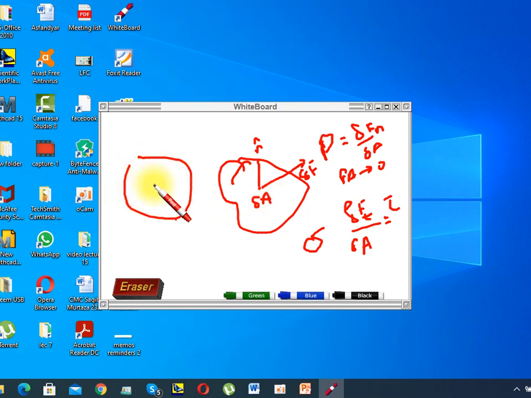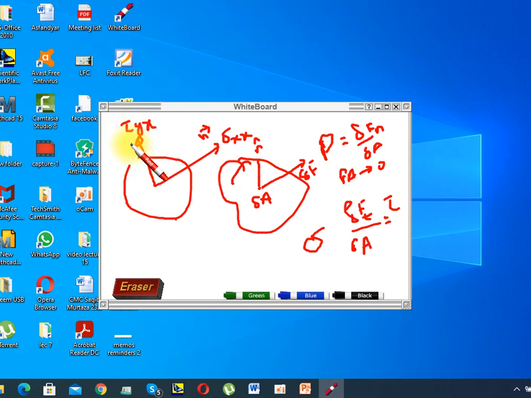Those stresses which are normal to the area we call normal stresses, and those which are parallel to the area we call shear stresses.